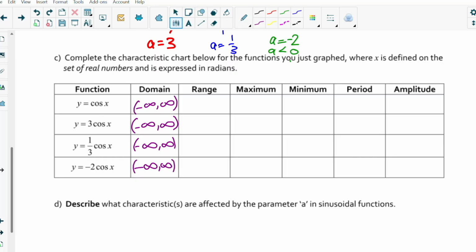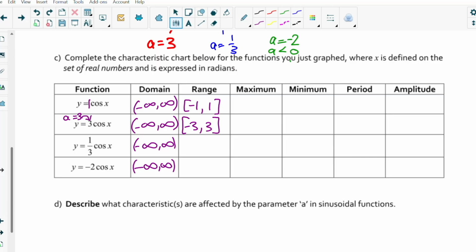Okay, what about the range? For y equals cosine of x, the a value is 1, so the range, I'm going to use interval notation, is negative 1 to 1. For an a value of 3, that is negative 3 to positive 3.